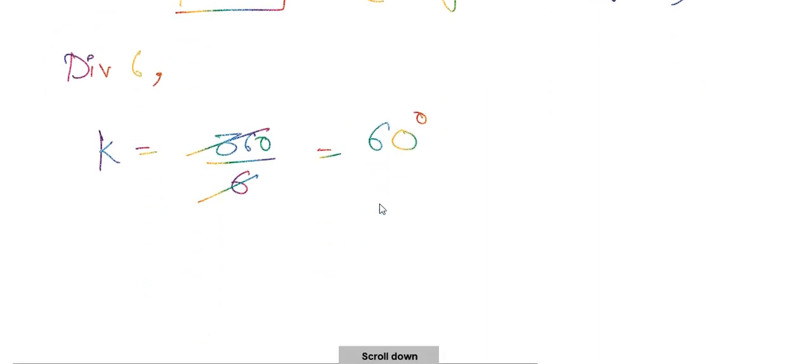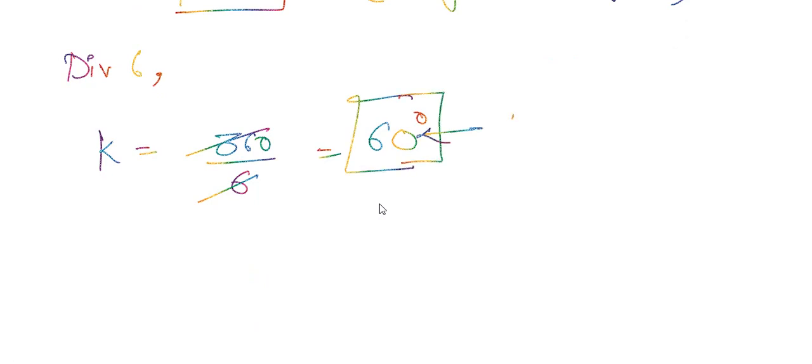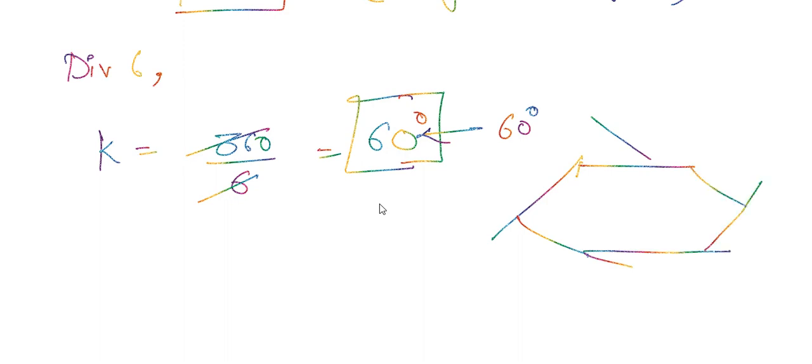So each external angle measures 60 degrees. Seems clear? Each external angle would measure 60 degrees.